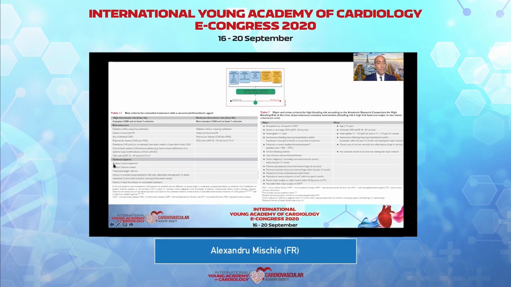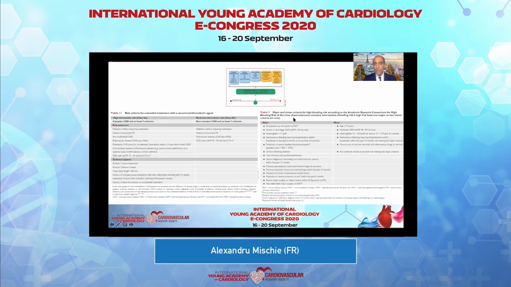So technical aspects that balance towards an increased risk for extended treatment with a second antithrombotic agent are at least 3 stents, at least 3 lesions treated, total stent length of more than 60 millimeters, history of complex revascularization, so that means left main bifurcation stent with more than 2 stents, and a history of stent thrombosis on antiplatelet treatment.